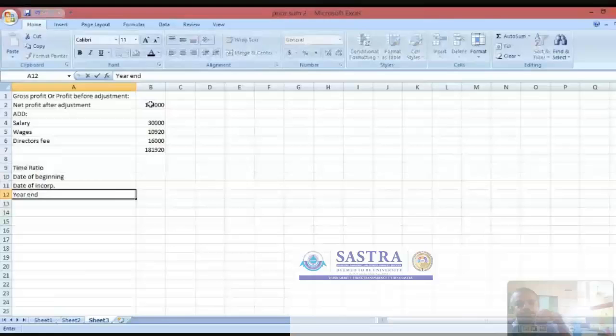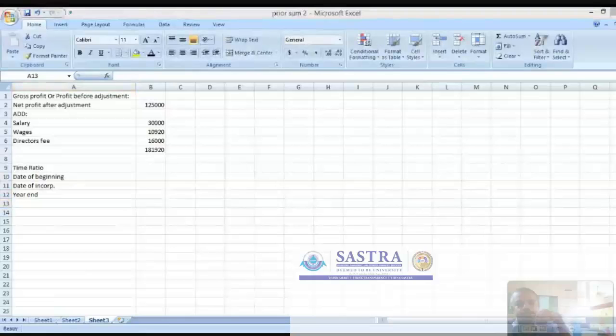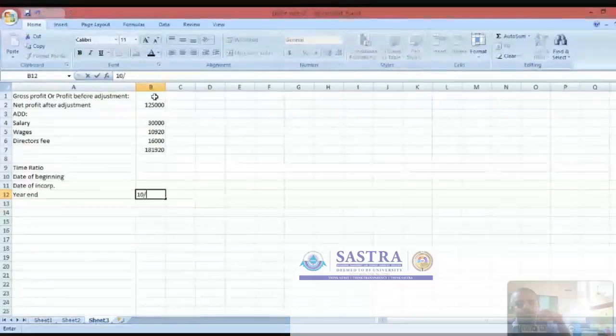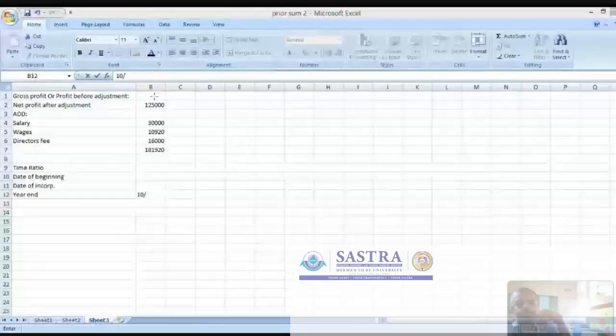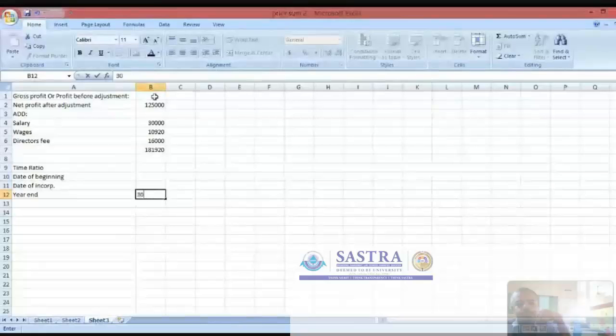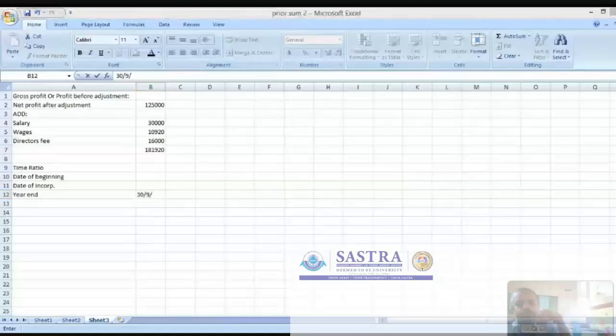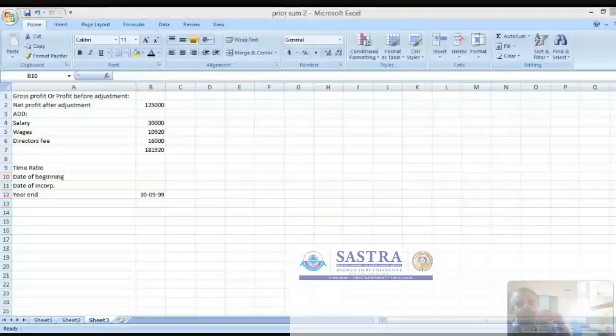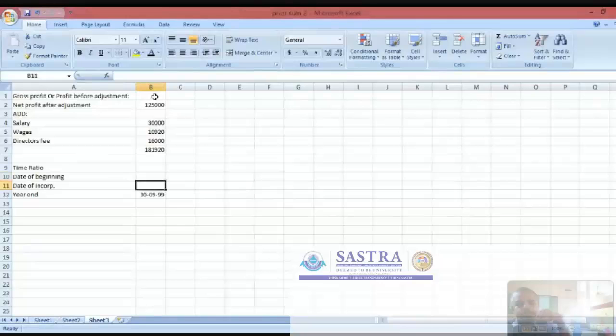Year end is given as 30th September 1999. Mukesh Limited was registered on 1/1/99. The beginning of the year is understood.